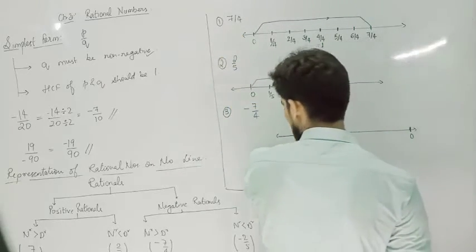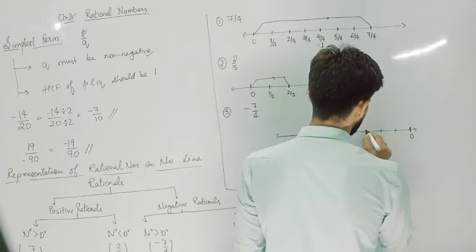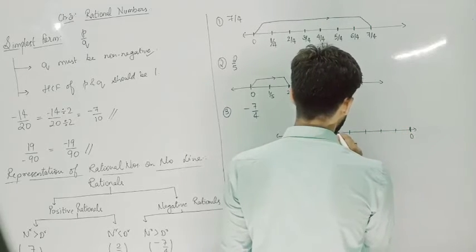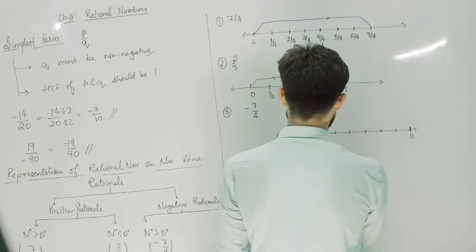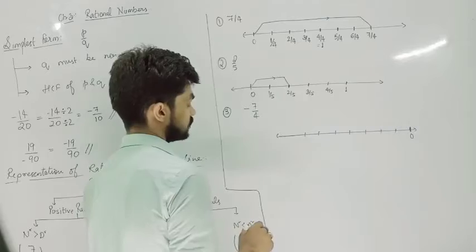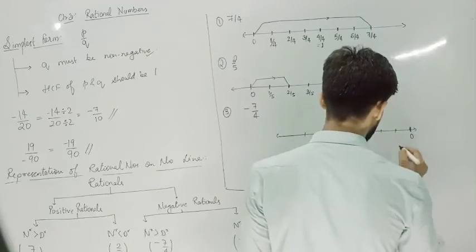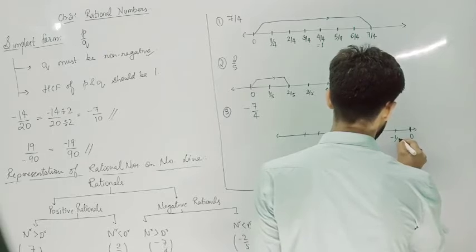Numerator is 7. Make 7 equal divisions. 1, 2, 3, 4, 5, 6, 7. Correct? Now, first one will be same as the previous one. Minus 1.